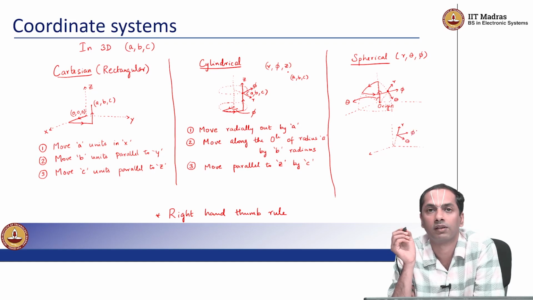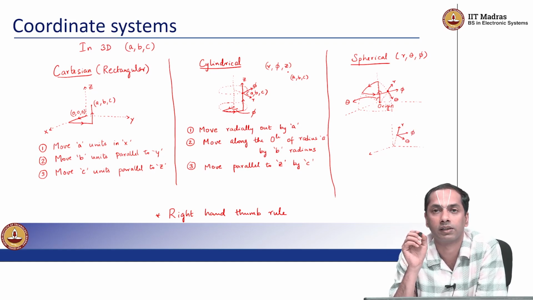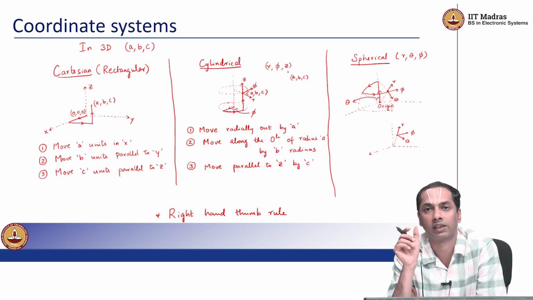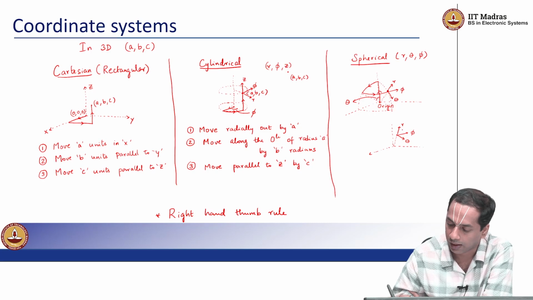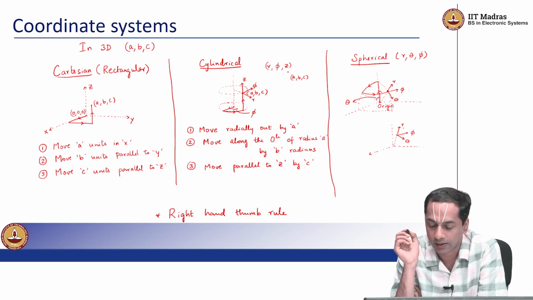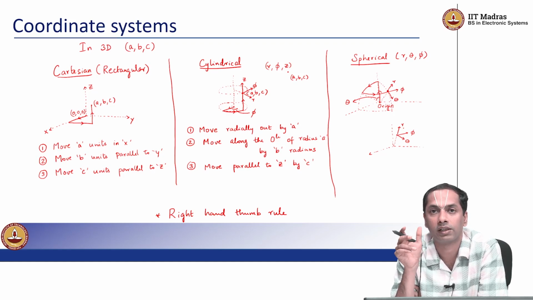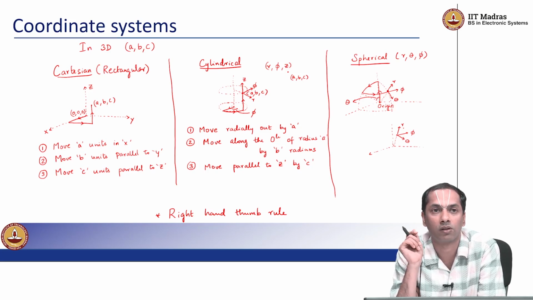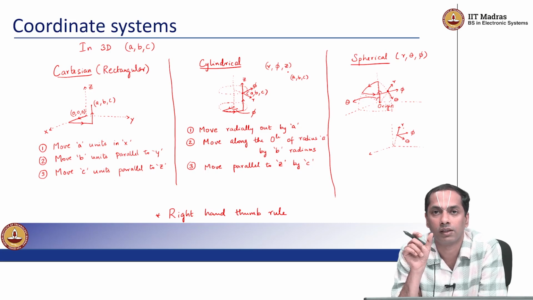So you can notice that for the cylindrical and spherical coordinate system, there are the so-called unit vectors, right? So each of these arrows that I have drawn are actually unit vectors in each of these coordinate systems, right? And these unit vectors, their orientation or direction is changing for every point in the case of cylindrical and spherical. Whereas in the Cartesian or rectangular coordinate system, the unit vectors just translate, but they do not change in direction, right?